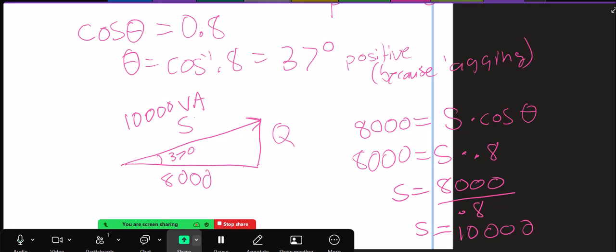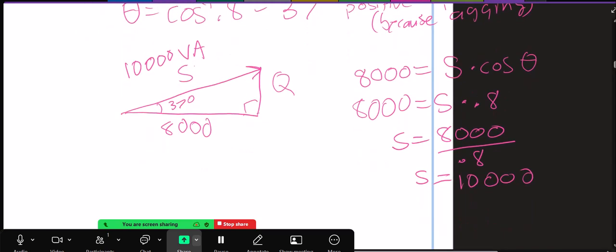So then how do we get our reactive power? S sine 37? Mm-hmm. So Q equals S sine 37 degrees.